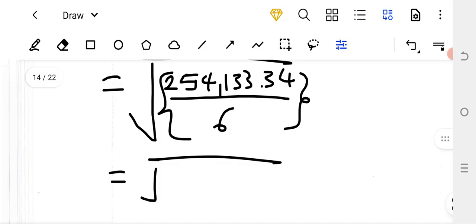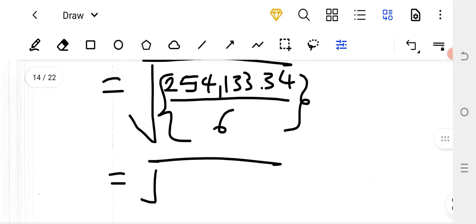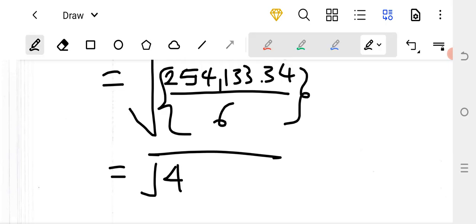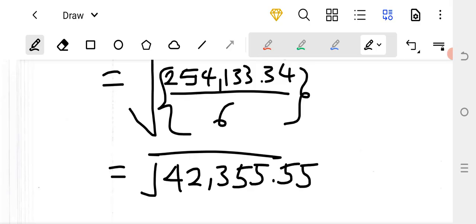Dividing by 6, you're going to have 42,355.55667.